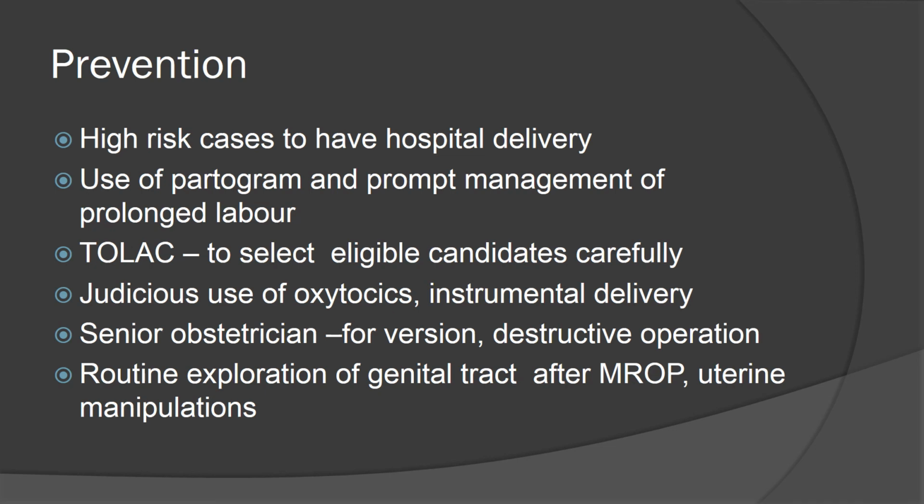And again, all cases of a scarred uterus also should be admitted in the hospital prior to labor. In active labor, a partogram should be charted and prompt intervention should be done if the partogram is abnormal.